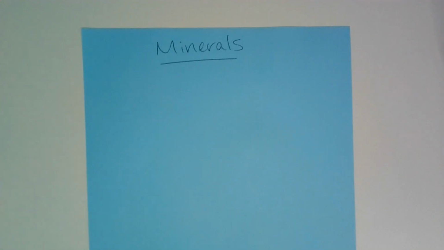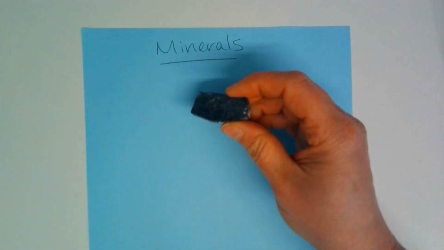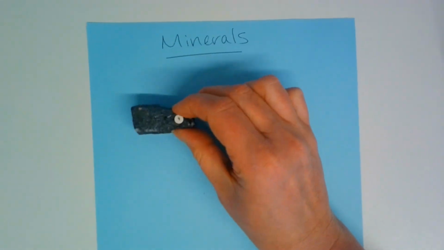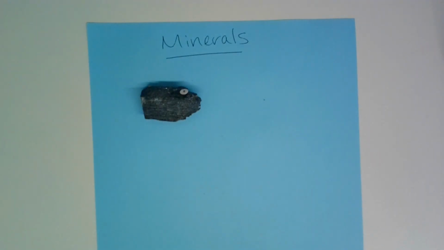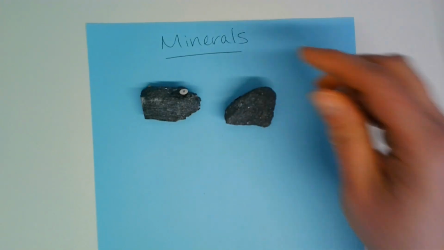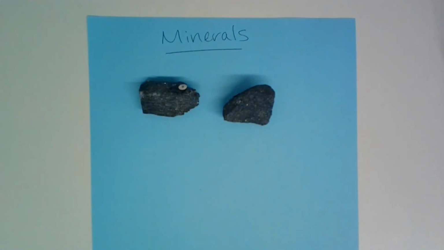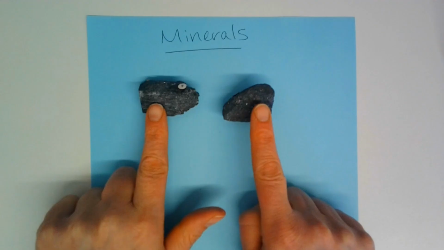For example, if I have a piece of hornblende, which looks like this, and I have a piece of hematite or magnetite that looks like this, you might not be able to necessarily tell them apart from each other because they both look like black minerals. They're both pretty jagged. But if I were to connect them up to an electrical wire or a flashlight, I could see this is going to conduct electricity and this one is not.